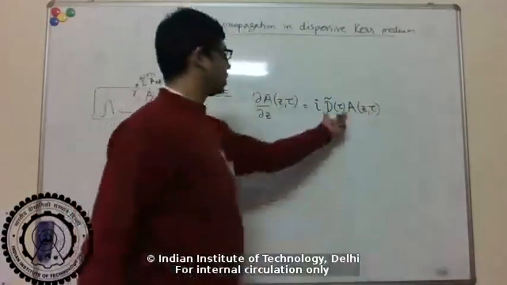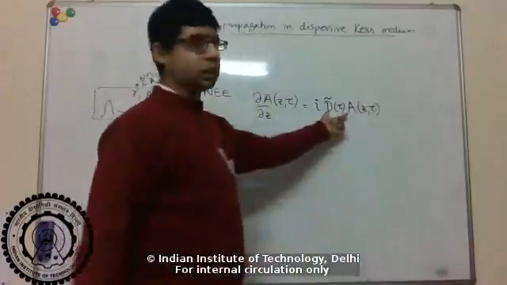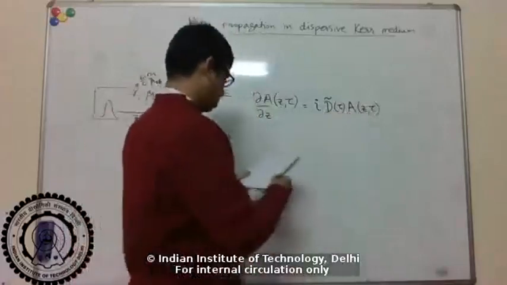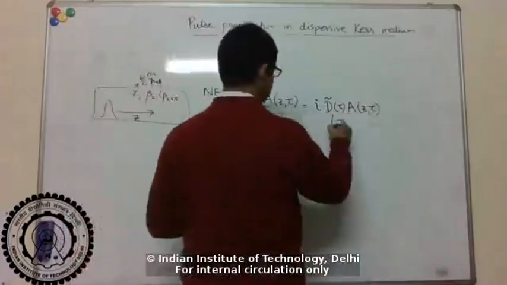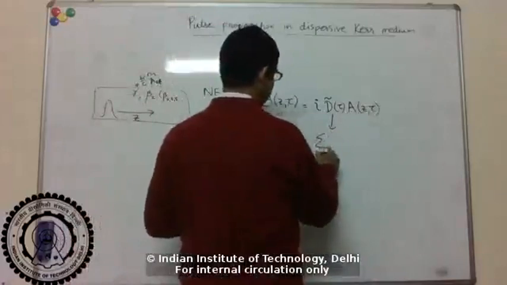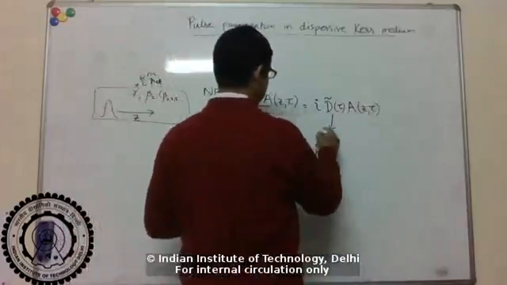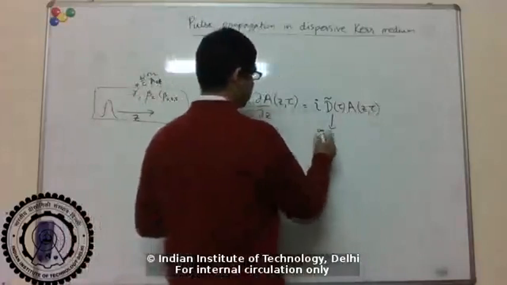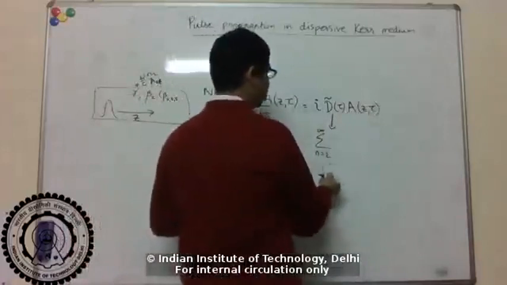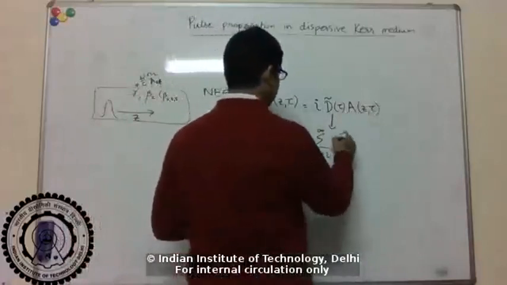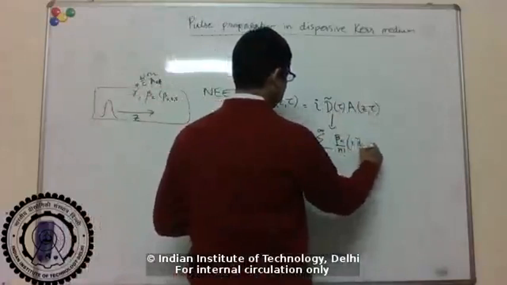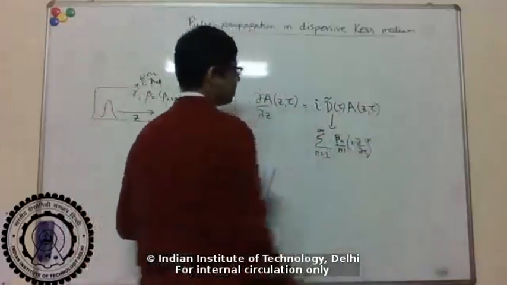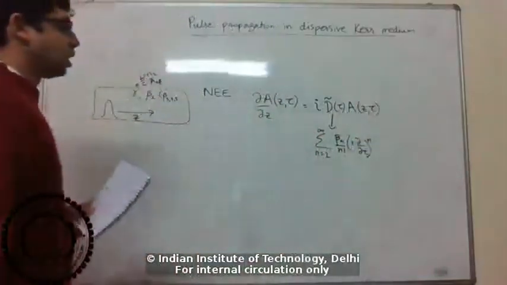Right, so this D was the dispersion operator given by, in general, going from the second order to as many orders of dispersion as you want to consider, right? So beta n over n factorial and the nth derivative with respect to time.